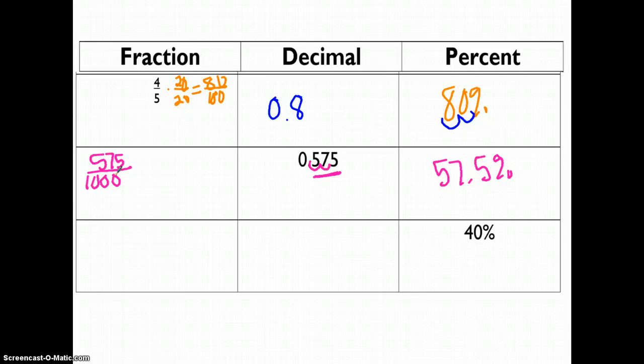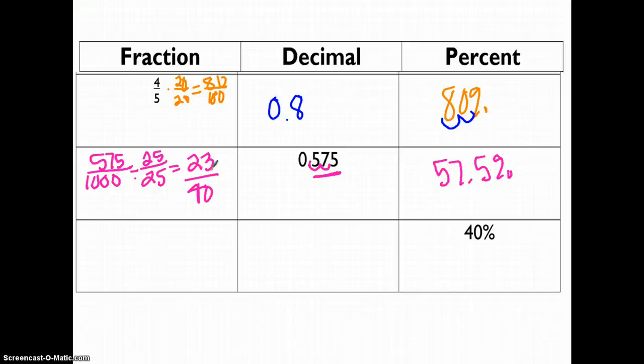If I divide both the top and the bottom by 25, and you can take many more steps to get to this point, but if I divide the top and the bottom by 25, my most simple form is 23 out of 40.